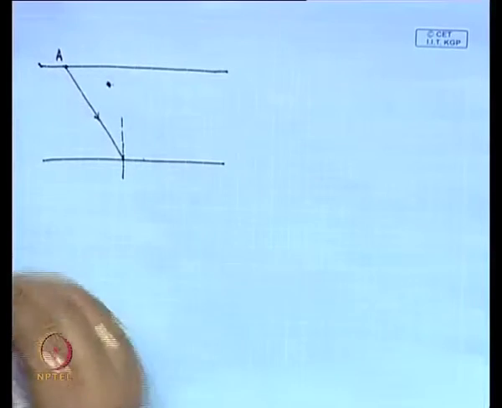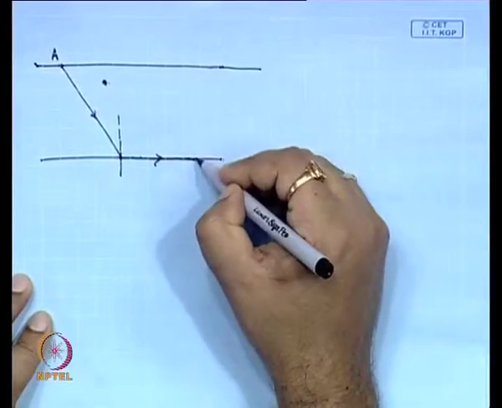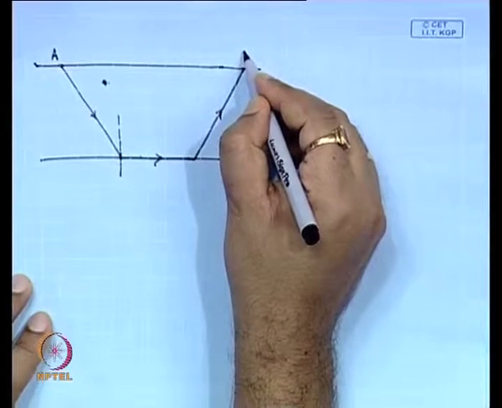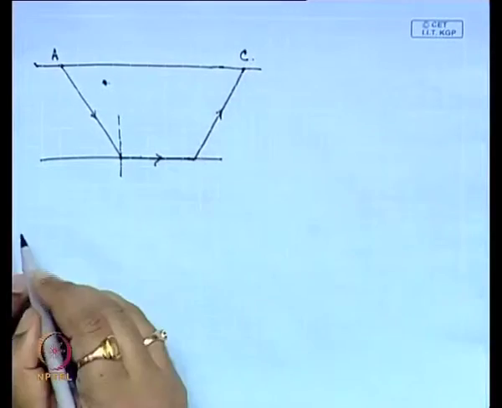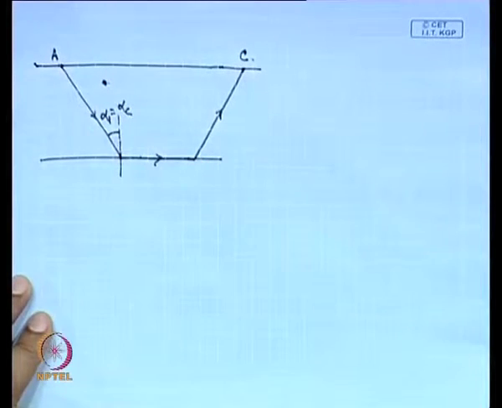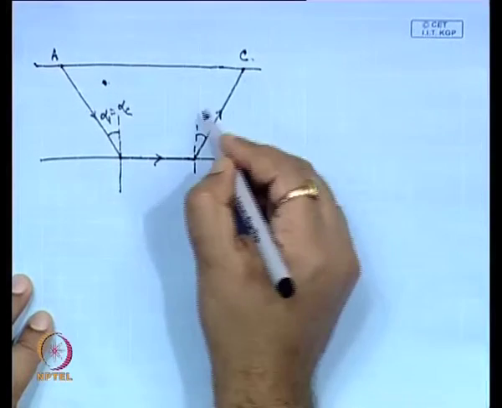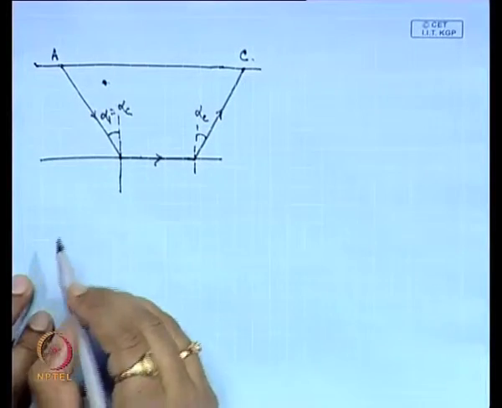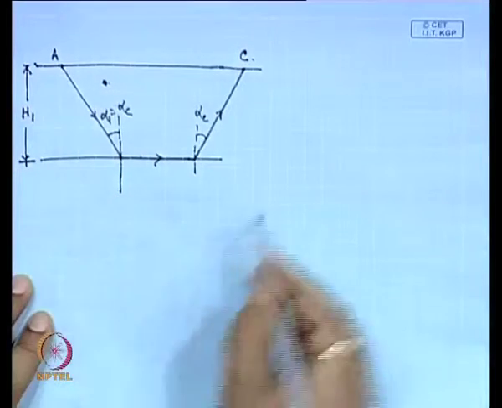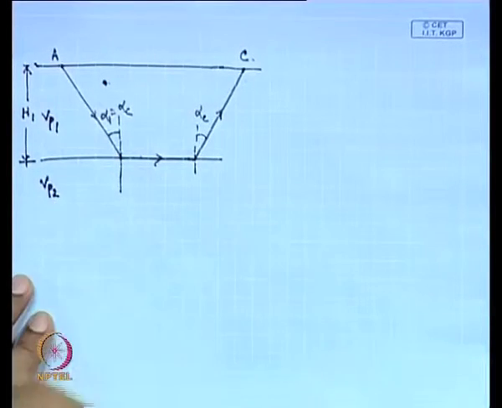This is say A, and then this will travel in this fashion, and then it will be received by the receiver at say C. So, this angle is alpha 1 equal to alpha C. This angle will also be alpha C, and this thickness of the layer is say H 1, and this is the velocity of layer 1, V p 1, and this is the velocity of layer 2, V p 2.